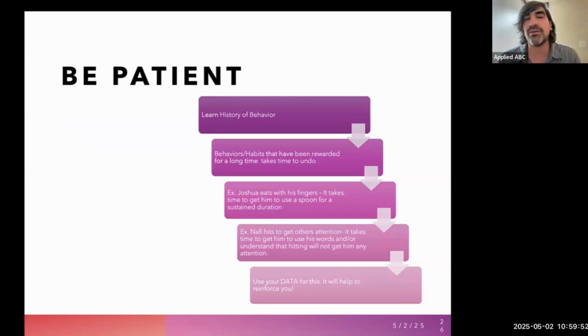You learn the history of the behavior. How long has it been going on? What's its frequency? What are its circumstances? Behaviors and habits that have been rewarded for a long time take time to undo. If a kid has been successfully getting out of doing what they want to do by throwing a tantrum for a good long time, I mean, sometimes years. Sometimes we don't see kids get into ABA until they're 8, 10 years old, and maybe they've developed a history of reinforcement with a particular behavior, whether it's sensory, whether it's escape, whether it's attention, that goes back years.